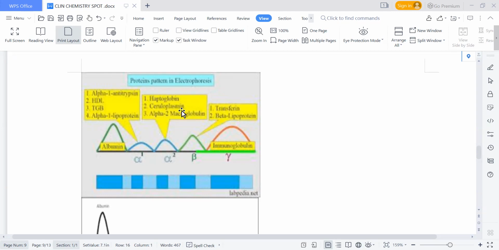And ceruloplasmin is a diagnostic clue in Wilson's disease. Alpha-2 macroglobulin is a diagnostic clue in nephrotic syndrome, and transferrin is used to transport iron in its ferrous state.